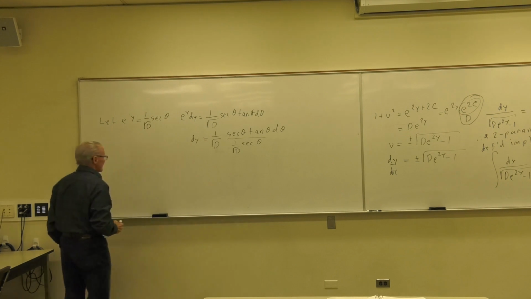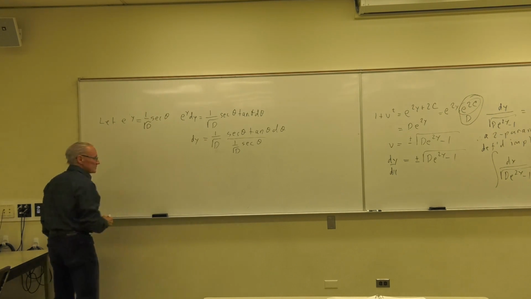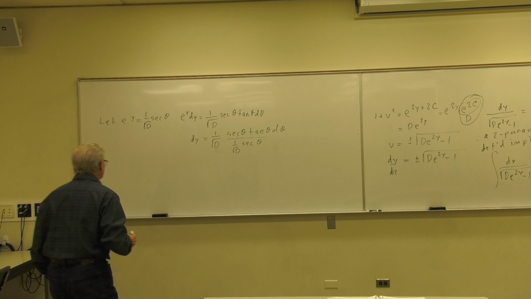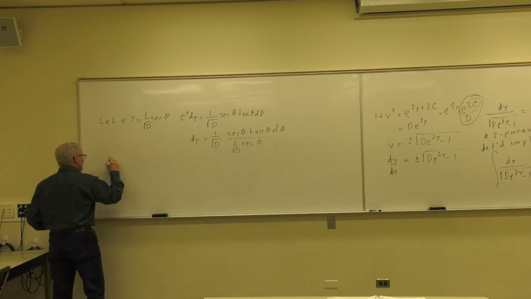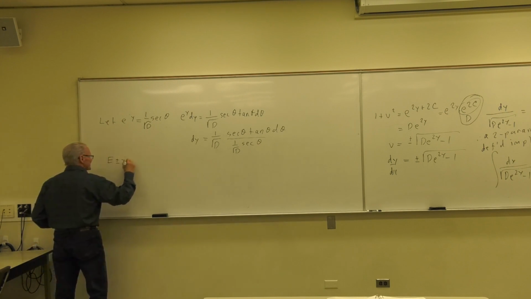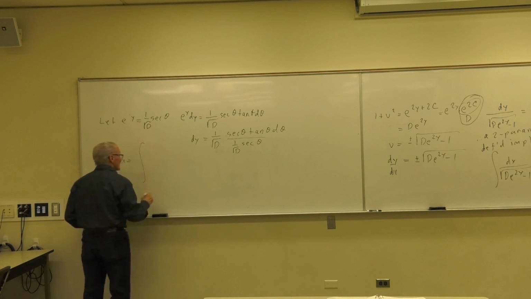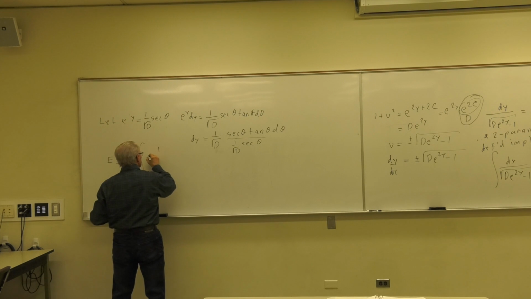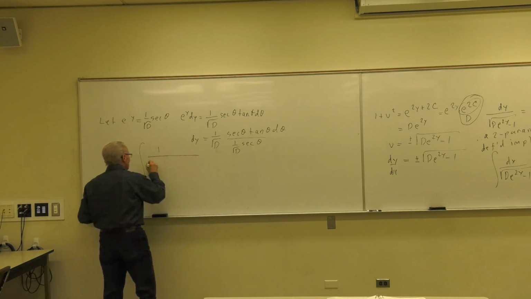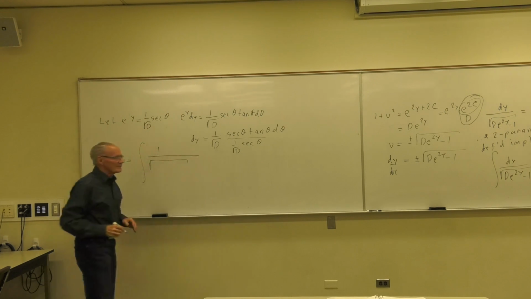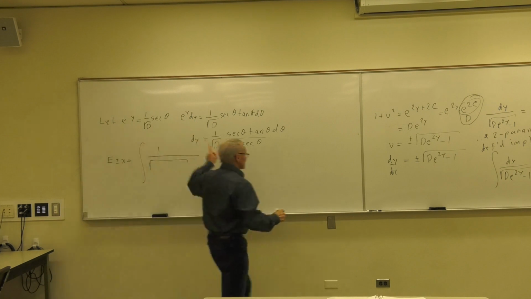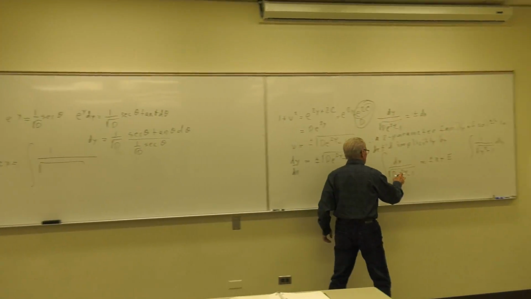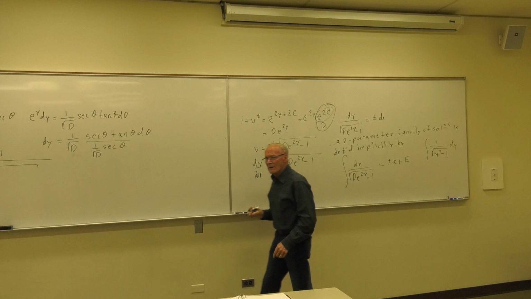So we substitute those, we got on the other side, e plus or minus x is equal to the integral. So, okay, let's write 1 over the square root of, we made that substitution in order to get, again, sec squared minus 1.